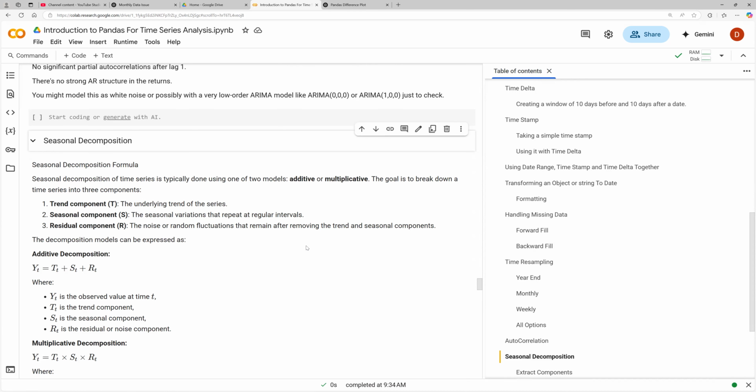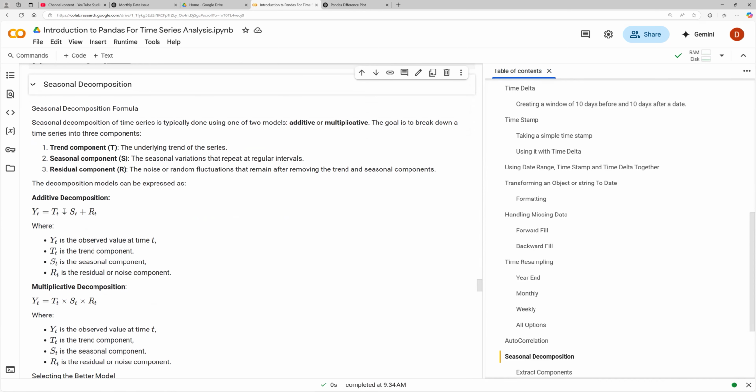So here in the additive decomposition, what it means is that you're adding the components. Okay, the Y is the actual observed series, and we're decomposing it into trend, seasonal, and residual. Now we could get the residuals by subtracting the trend and the seasonal from the actual series.